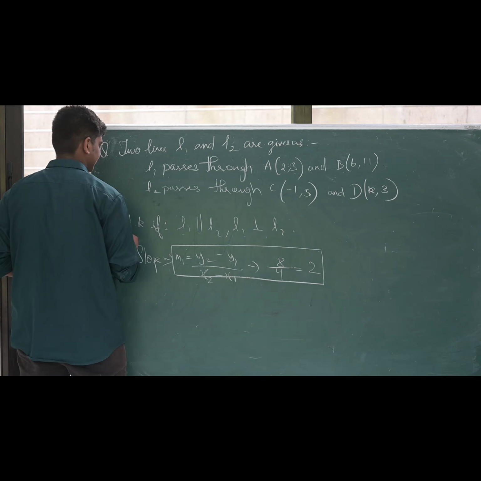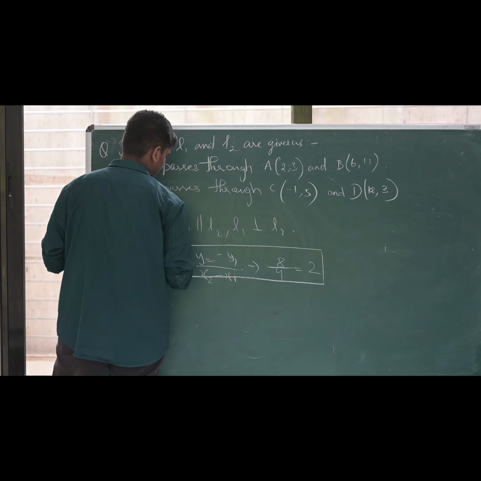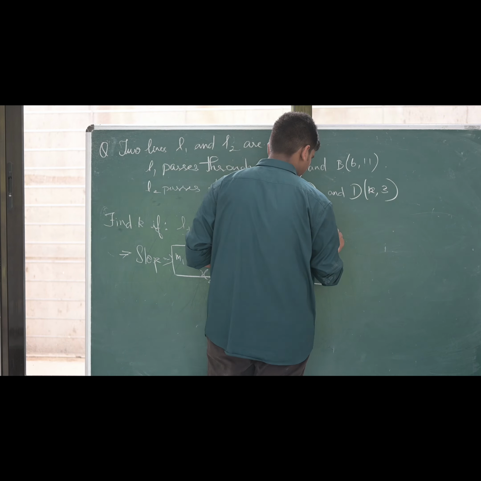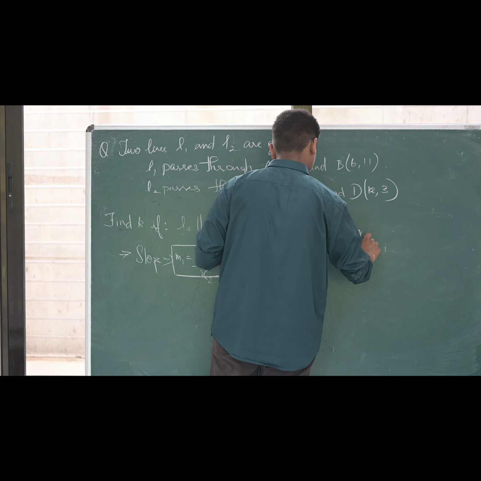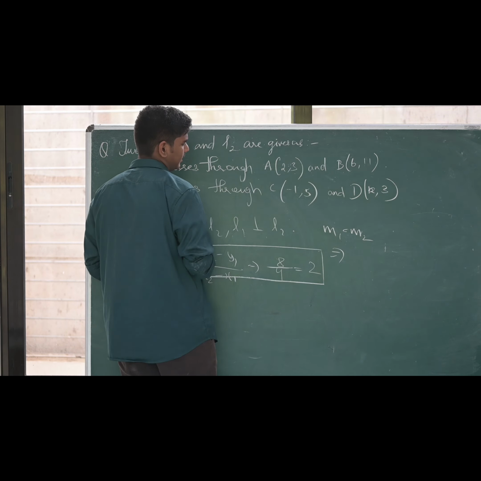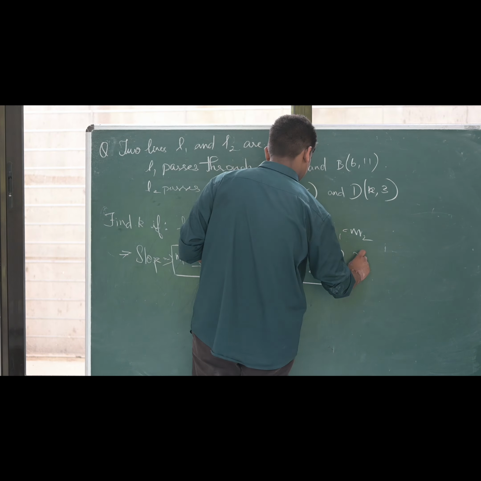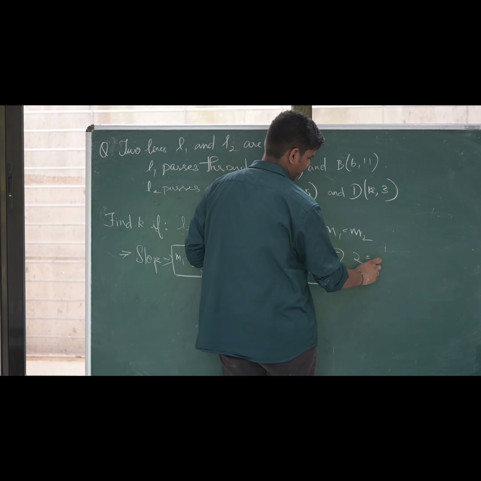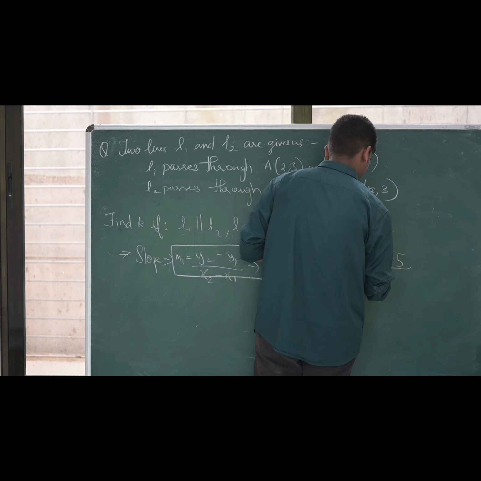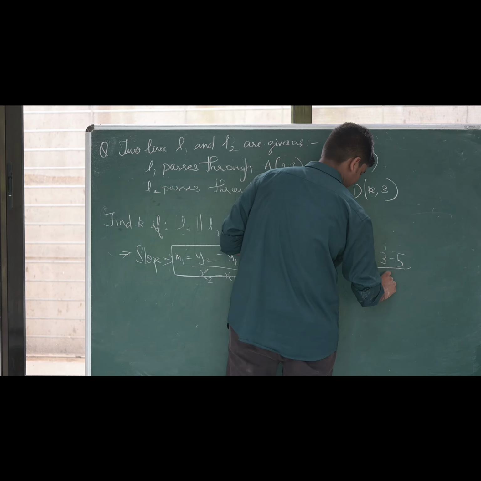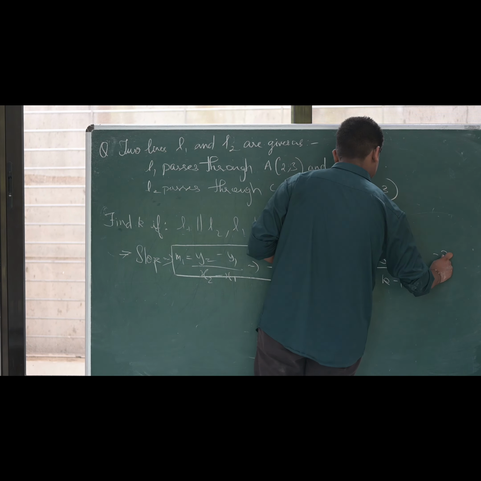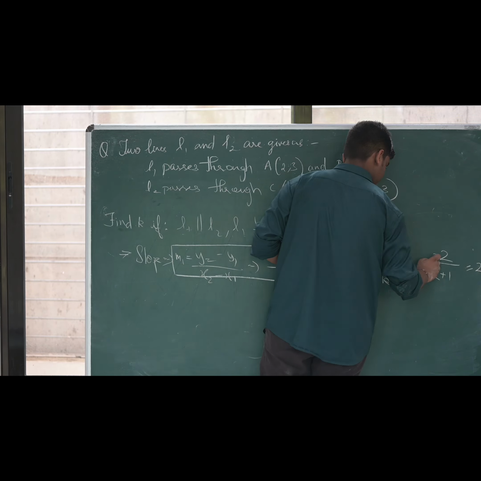Now, they are asking if L1 is parallel to L2. If L1 is parallel to L2, we know that M1 is equal to M2. M1 is equal to 2, and M2 is equal to y2 minus y1, 3 minus 5, by k minus 1, which will give minus 2 by k plus 1 is equal to 2.